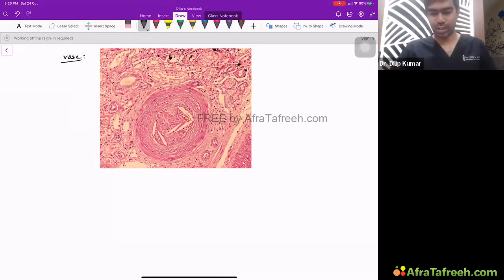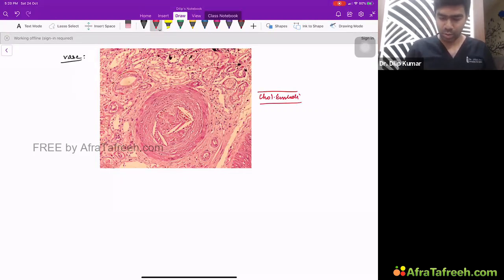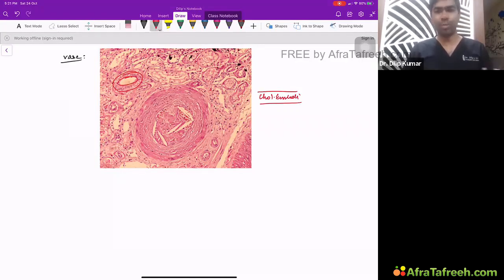This is not what you think, because many of you are thinking it's an onion skin appearance, maybe malignant nephrosclerosis. No, it's not like that. This is something called cholesterol emboli. This is actually a glomerulus. If you see, this is not a vessel. If it were a vessel, I could understand. Why is it not a vessel in the first place? Because you can see the tubule here, a renal tubule.